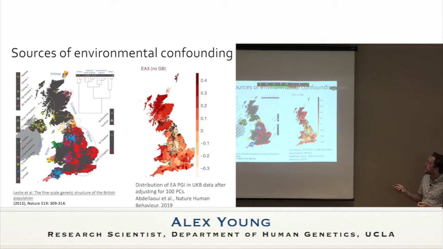They highlight the northeast of England, which is depleted for it, where part of the early industrial revolution, coal mining, railways and so on, all came from. So their argument is that these regions have been depleted of people with high education polygenic indices because of economic-related migration, which is an argument that makes some sense.